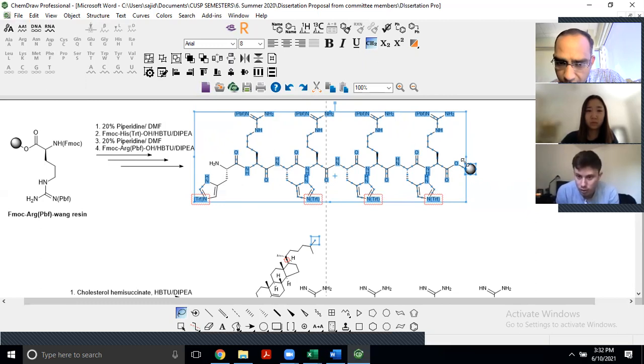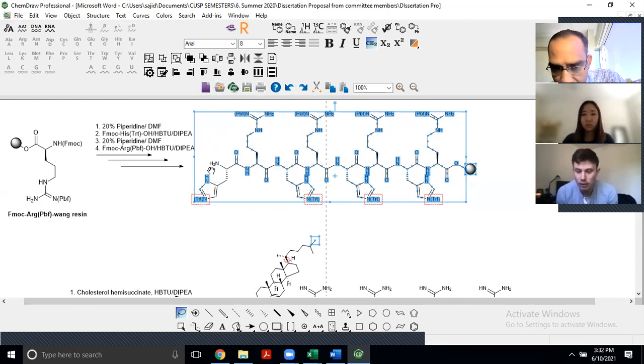Carboxylic acid. Very good. And what we have here? Free amine. So if NH2 reacts with this carboxylic acid, because everything is protected, the only two free groups are NH2 and this carboxylic acid group. Then they do an intramolecular reaction with each other.